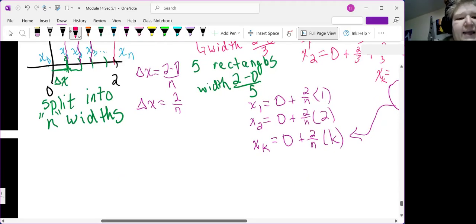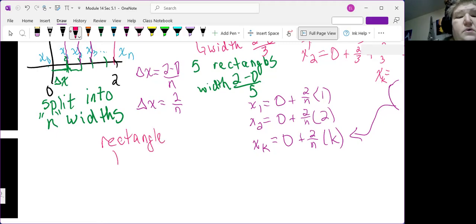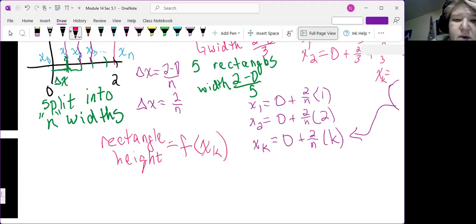Now I'm going to do my height. And this is going to be f of x sub k. So our arbitrary tick mark number, I want to know the function value of that arbitrary tick mark number. That's going to give me each of my heights.